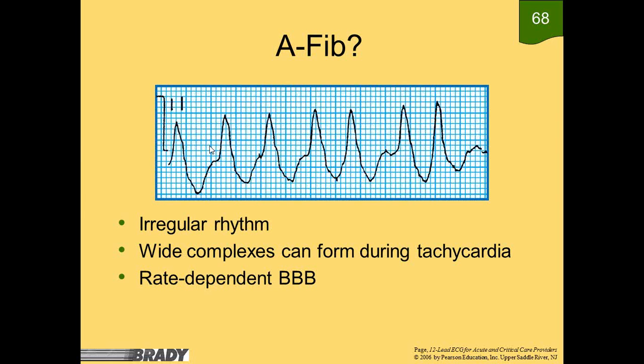Although with A-Fib, you have crazy chaos where the P wave should be, but our QRSs should still be nice and smooth. And we have some notching here. So you might look at that and look in V1 and see if that is a bundle branch block. Okay.